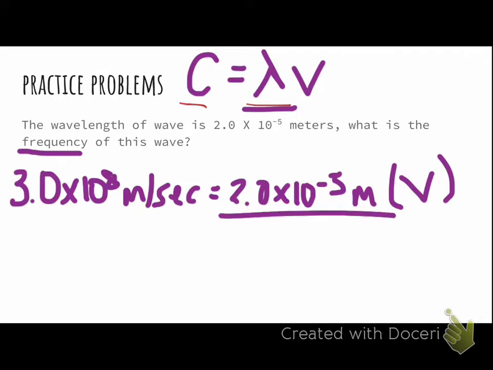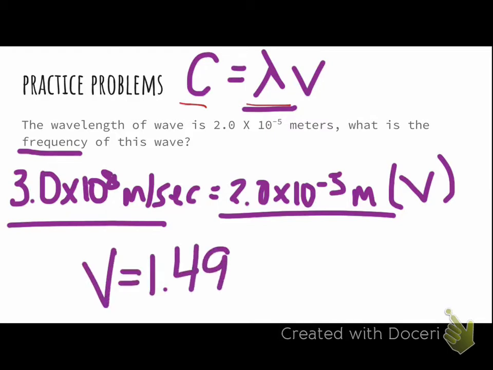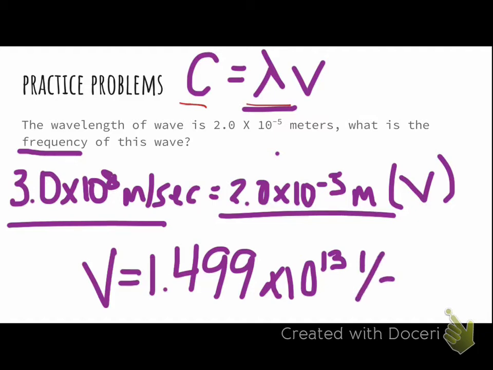If we divide each side by the 2.0 times 10 to the negative 5th meters, what you should be left with is 1.499 times 10 to the, not negative, 10 to the 13th. And we're left with 1 over seconds.